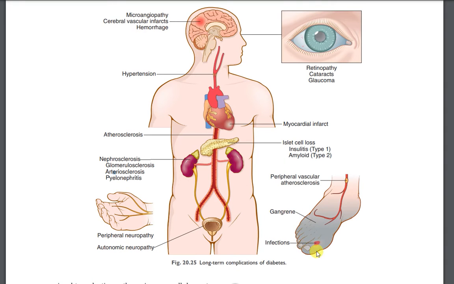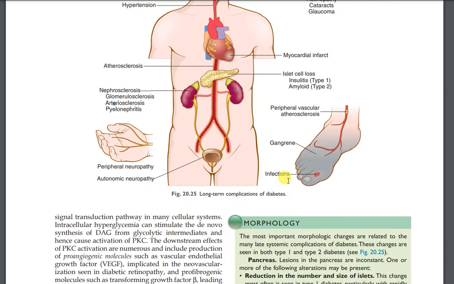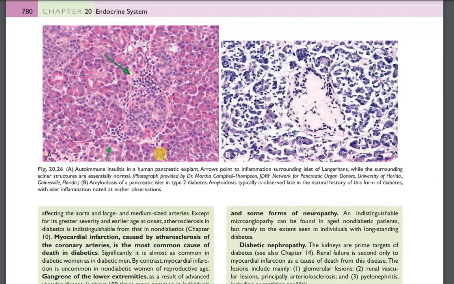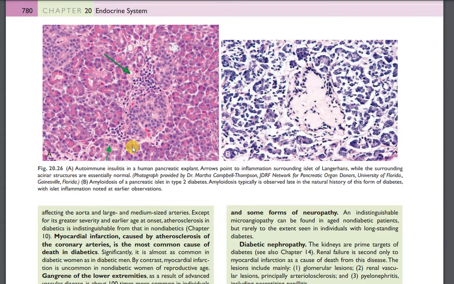In the lower limb, it leads to gangrene because of peripheral neuropathy. The patient doesn't feel the leg, and bacteria which appeared here can involve the entire leg with gangrene. Okay, in more detail we'll discuss later.